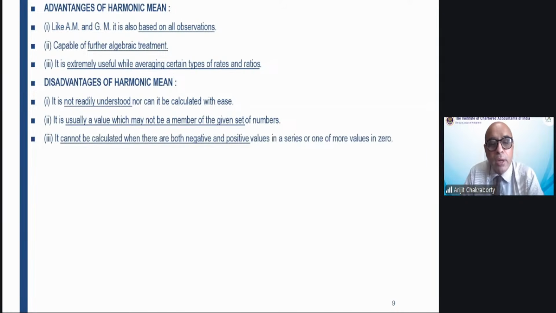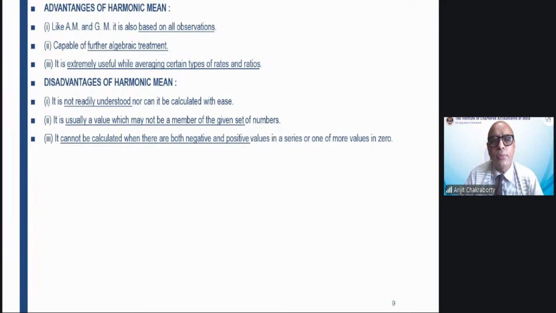Now, it cannot be calculated when there are both negative and positive values in a series, or when one or more values are zero. The moment we have zero, or if you have a negative number, we can get the reciprocal, but ultimately, in calculations involving central tendency, if we are facing values which are negative or which include zero, then to be on the safer side, it is always preferable to use arithmetic mean.